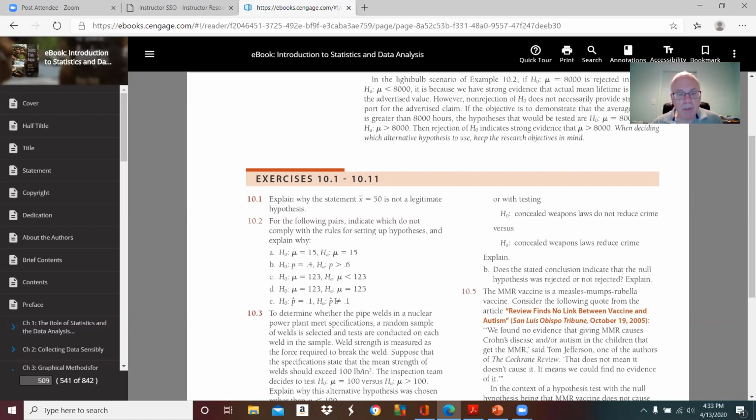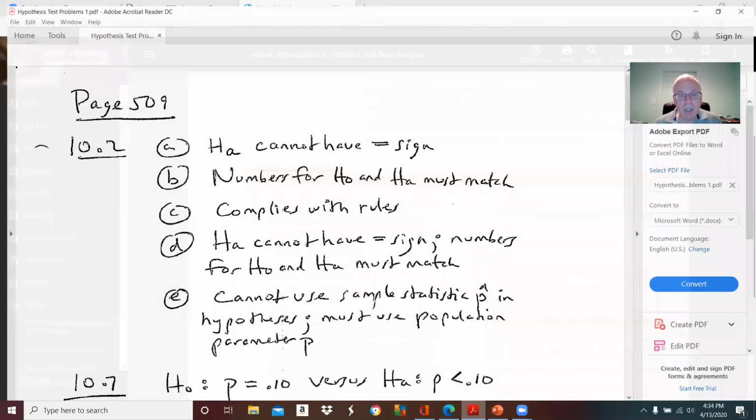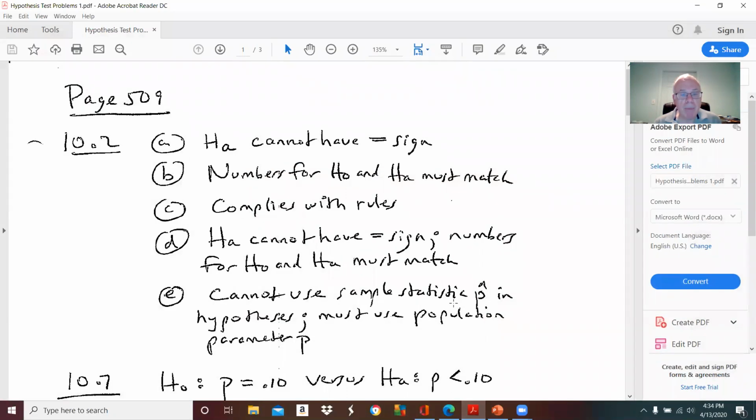In hypothesis tests, we test population parameters such as p and mu. In this case, it should say p, not p hat here, and it should say p over here. So we cannot use sample statistic p hat. Hypotheses must use population parameters.